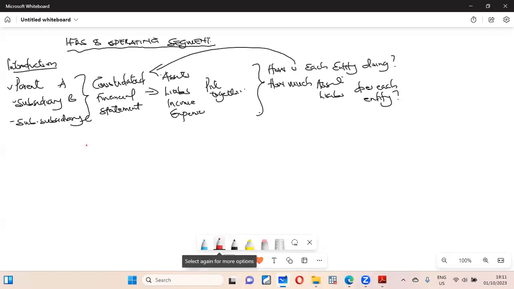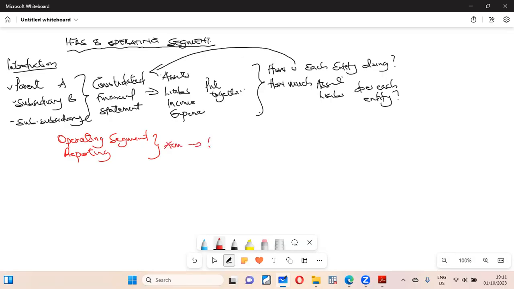So now the standard, operating segment reporting. The aim of the operating segment here is to actually deconsolidate the group financial statement. So what we are going to do is deconsolidate the consolidated financial statement.